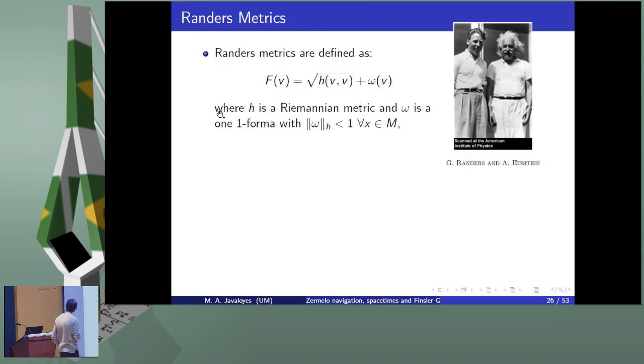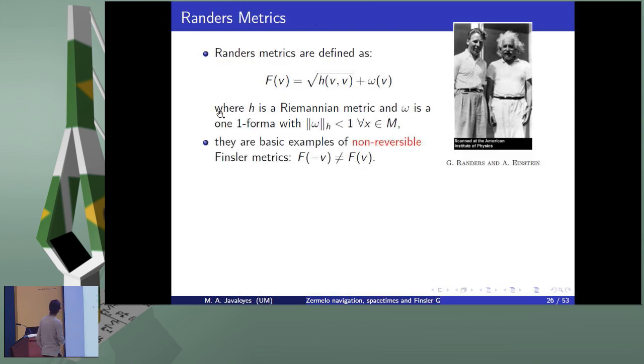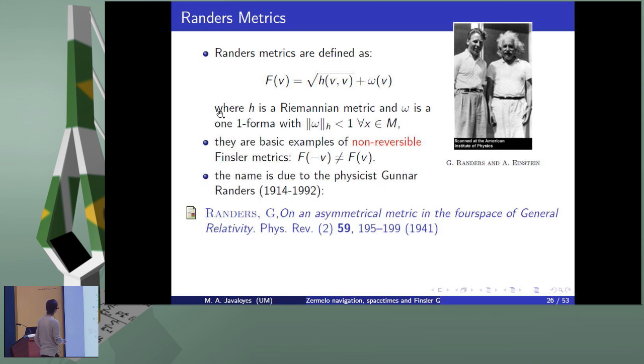Okay? These metrics are called Randers metrics because of a physicist called Gunnar Randers. Okay, and they are non-reversible. Because, as I said at the beginning, it's very important to consider non-reversible Finsler metrics. If you put here F of minus v, it is not equal to F of v.